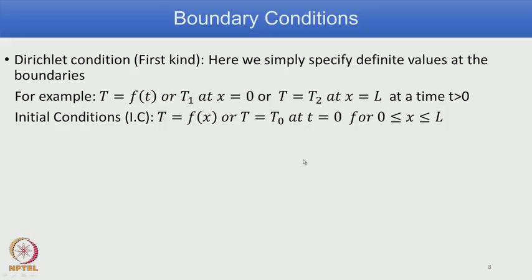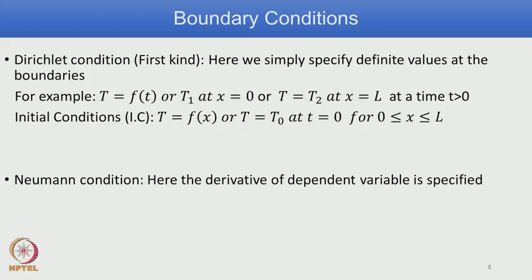This is the initial condition, and for time greater than 0 at x equal to L, you have one value, at x equal to 0 you have another value. So, you specifically give that value. Such a type of boundary condition is called Dirichlet boundary condition.